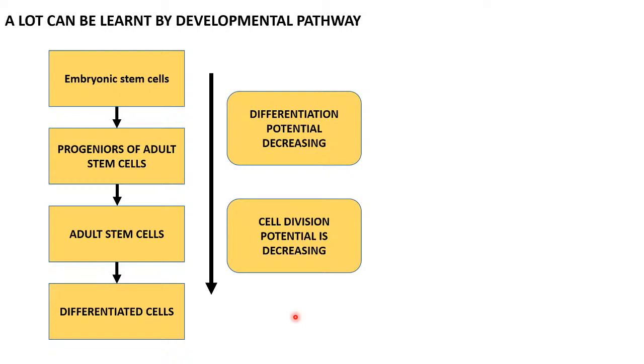Every organ or every tissue system has a pool of what? Adult stem cells. And whenever you require the cell division, they can take charge, they will divide, they will give you a differentiated cell, as well as they will maintain their own population. That is how the cell division is occurring in our body.